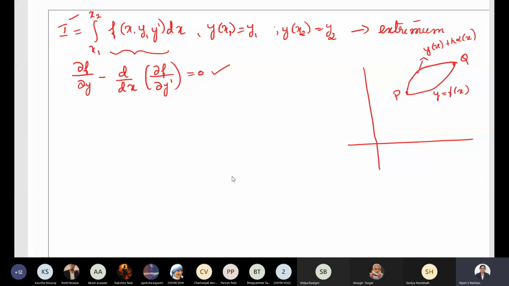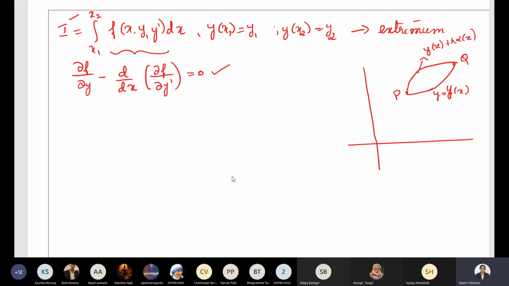If I take y equal to y of x, this curve will be a slight variation of the previous curve, so this will be y of x plus h times alpha x. This h times alpha x is the slight variation.